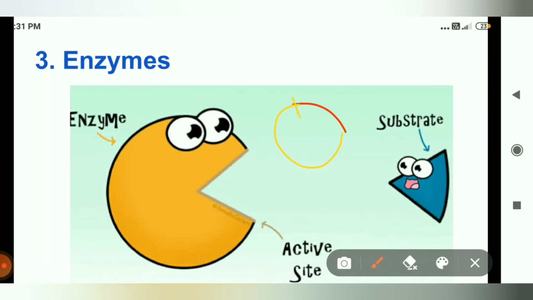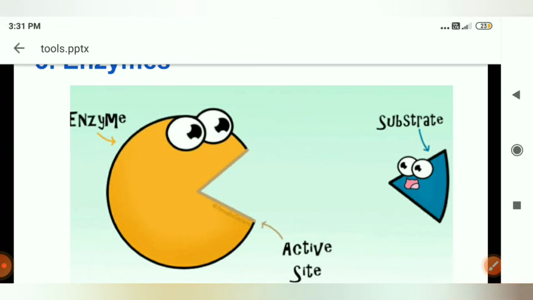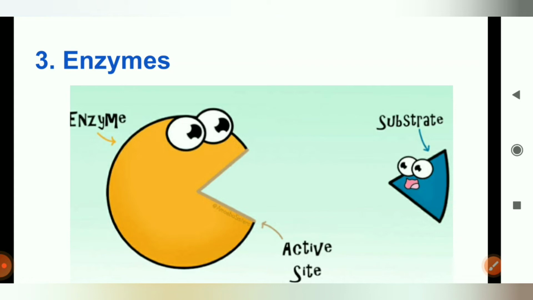For this ligation we require enzymes. To isolate this DNA fragment from an organism, we also require enzymes. So enzymes play a vital role in gene cloning, and they are also major tools which are required for performing gene cloning.